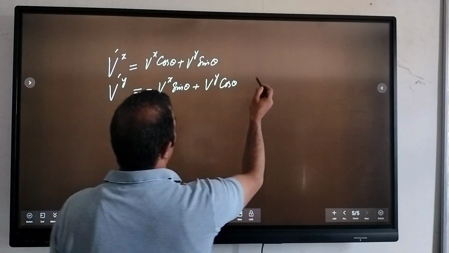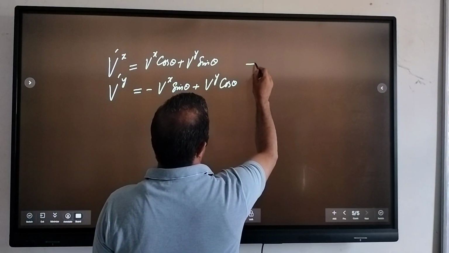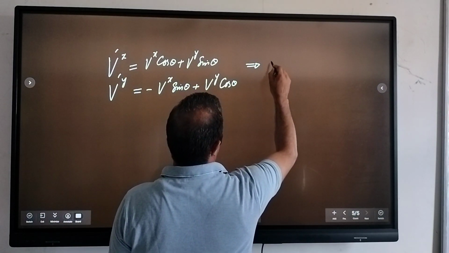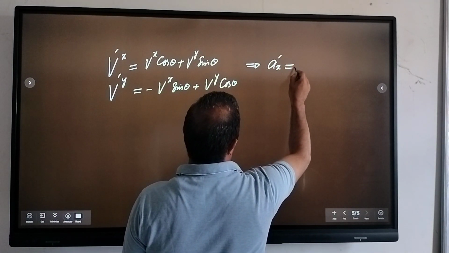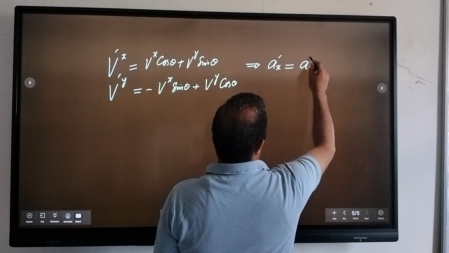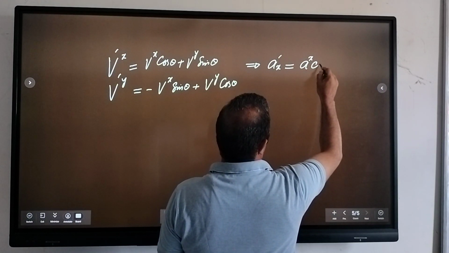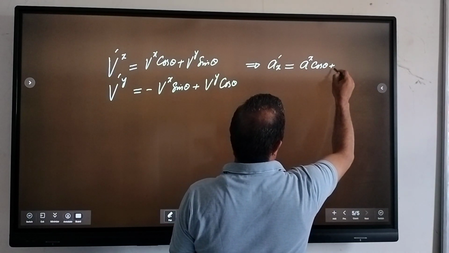Okay. And if you multiply again by dt prime, this gives me ax dash will be equal to ax cos of theta plus.